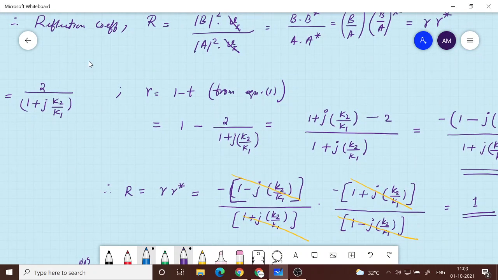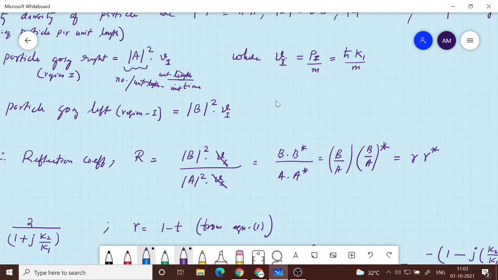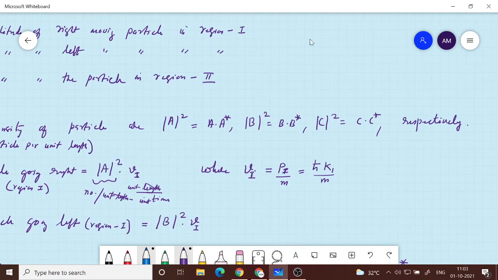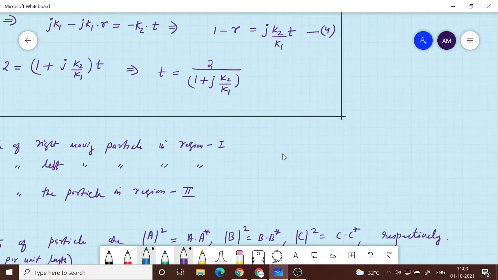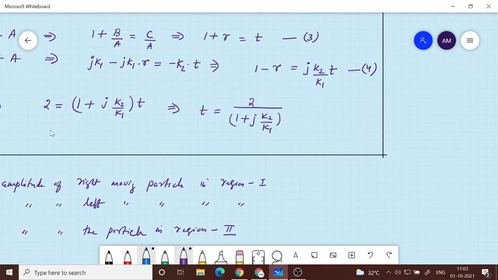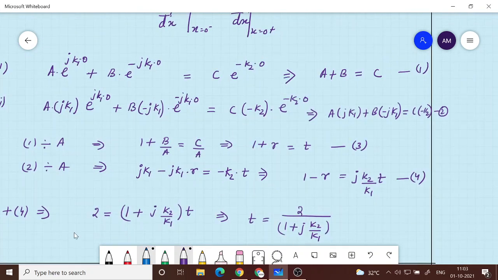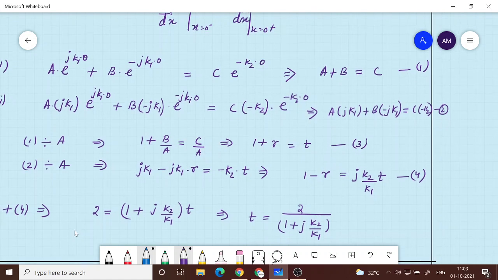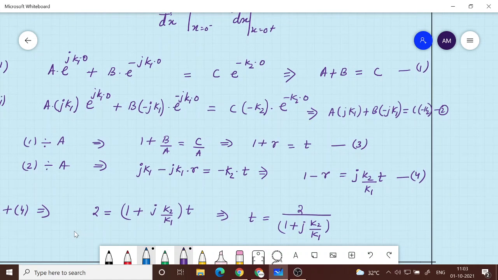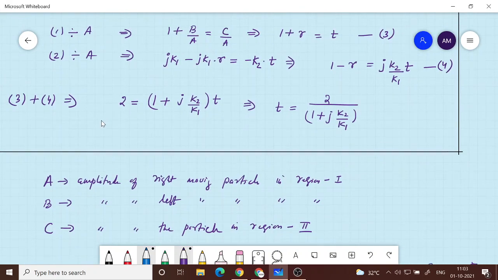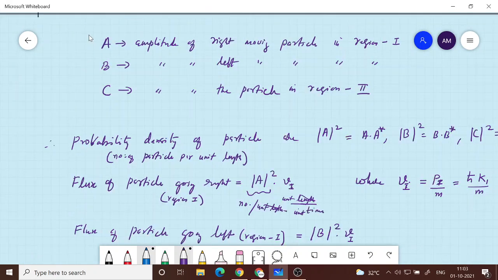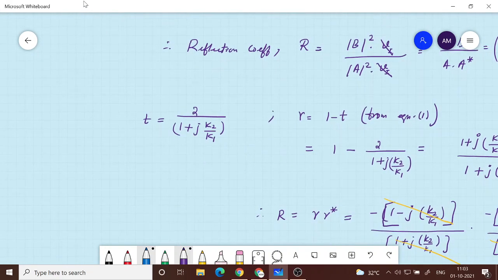But in addition to that, there is a finite probability of finding the particle in the region above x equal to 0. How do I say that? It is given by the wave function in that region squared. So let me write that also.